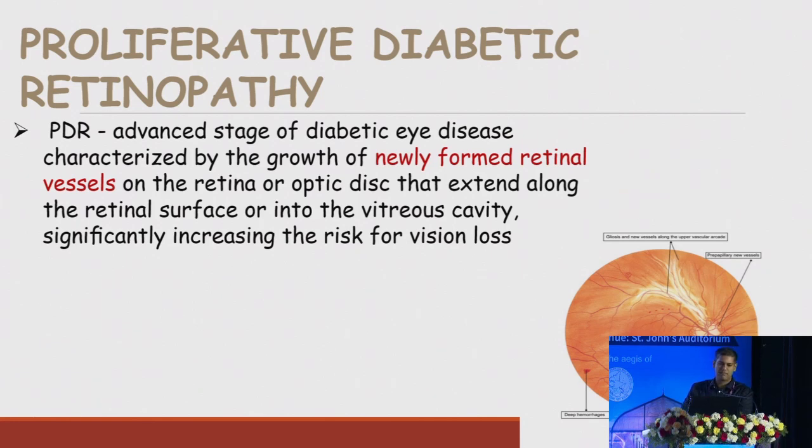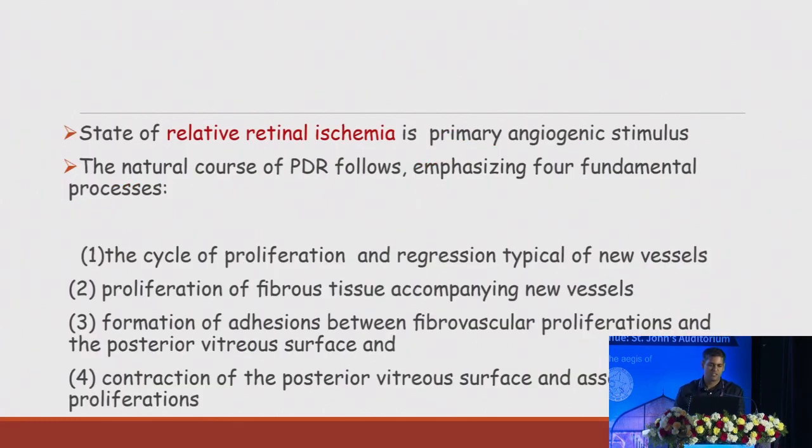PDR is an advanced stage of diabetic eye disease, which is characterized by formation of new vessels on the retina, on the disc, which extend along the retinal surface into the vitreous cavity and can significantly lead to risk of vision loss. All these new vessels are because of a state of relative retinal ischemia.